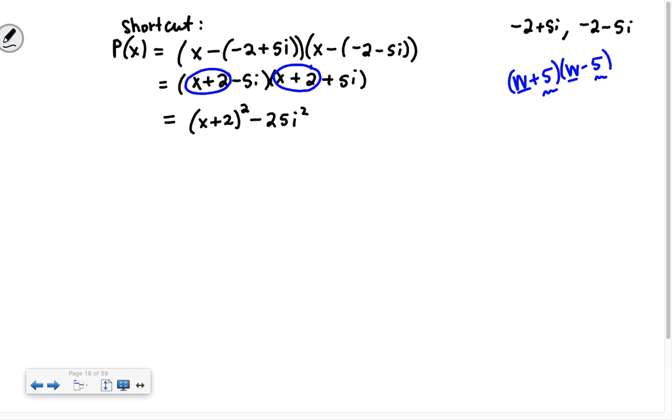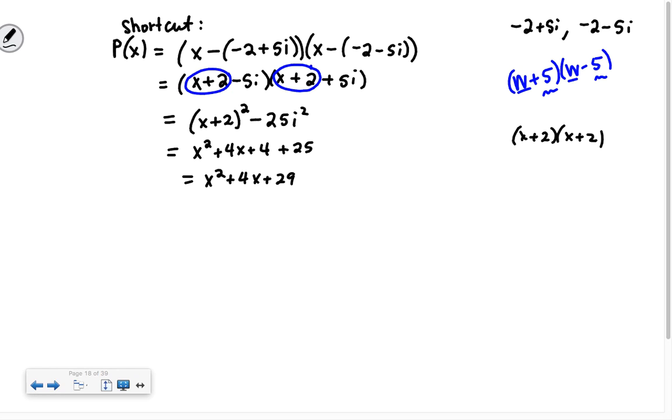You guys get that? And then we just have to FOIL out our x plus 2 squared. So that's going to be x squared plus 4x plus 4. And then our minus 25i squared, remember i squared was negative 1, so we get plus 25. So we're down to x squared plus 4x plus 29.